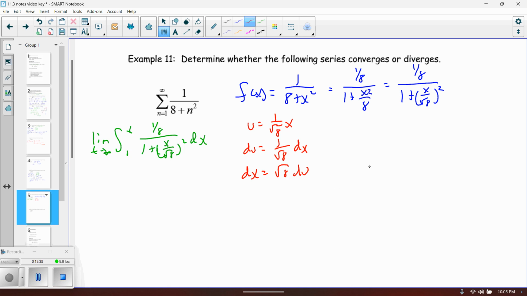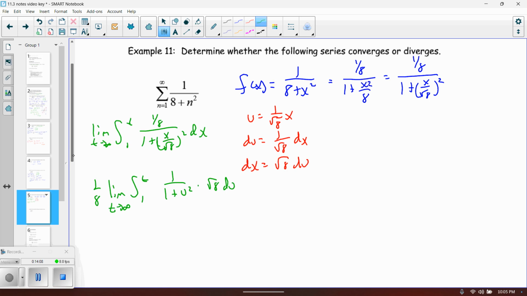I know there's a lot of stuff going on in this one. Doing all this so that we can get it into the correct form so we can use an inverse tangent as our antiderivative. So I'm going to pull that 1/8 all the way out to the front. Limit as t goes to infinity, integral from 1 to t, 1 over 1 plus, now I let u be that inside the parentheses, so now it'll be u squared times my new dx, which is root 8 du.